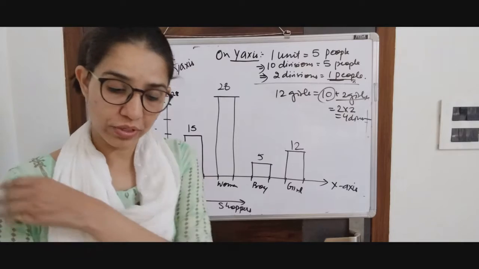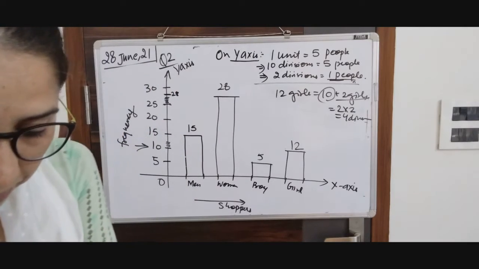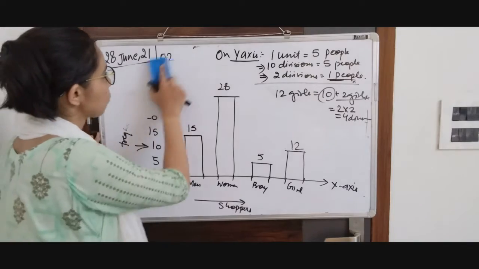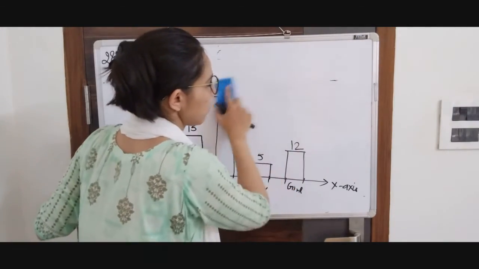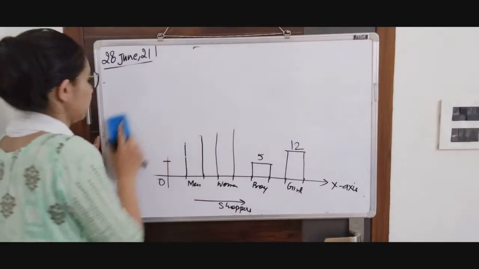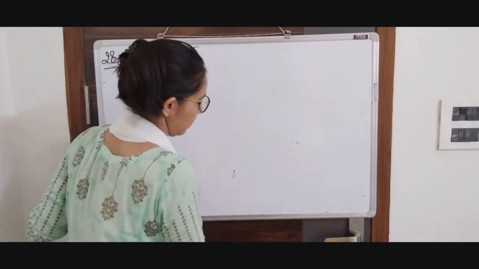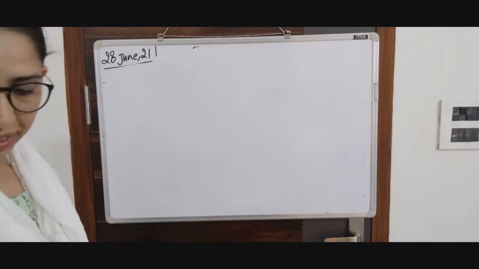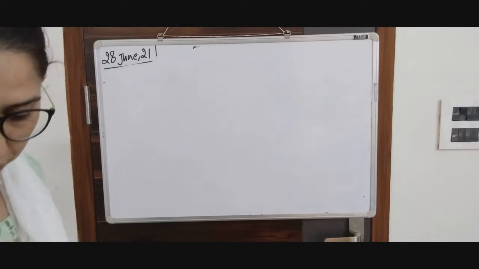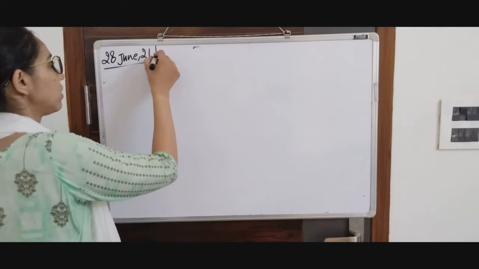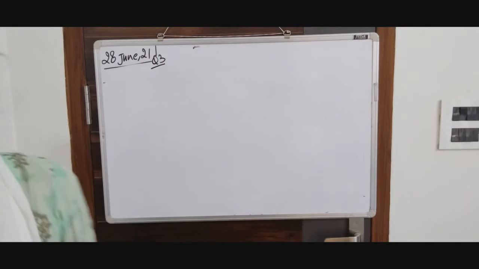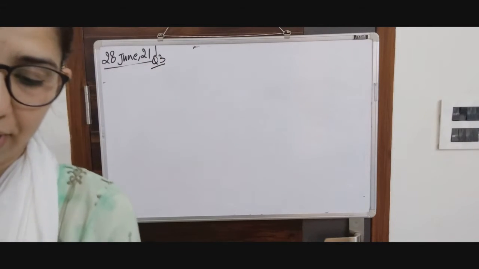Now we are moving onwards to question number 3. In question number 3, the weekly wages of 30 workers in a factory are given, and they are given like this.